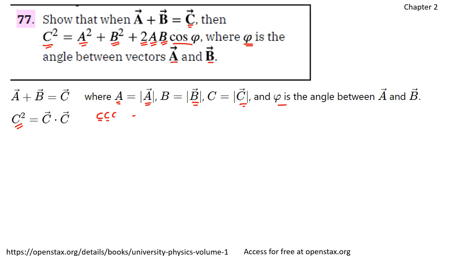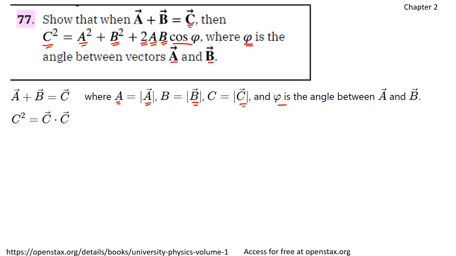So cos 0 is 1, and C into C is actually C squared. So C dot C is C squared, which is not a vector. It is the magnitude of C squared.